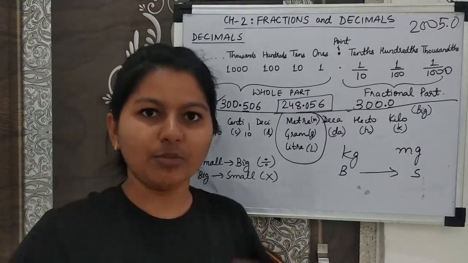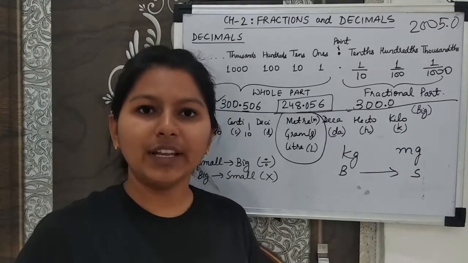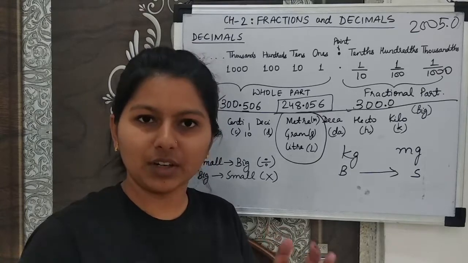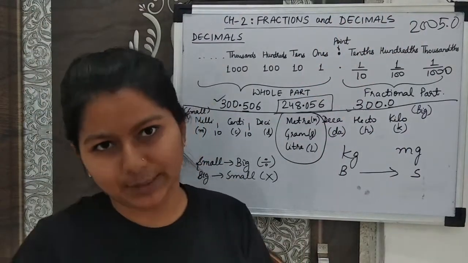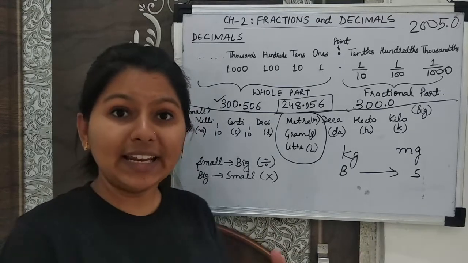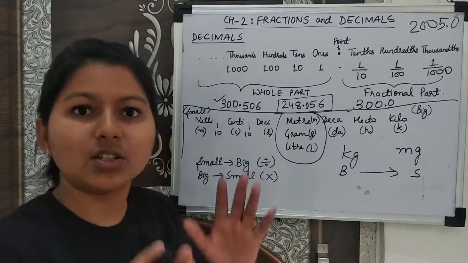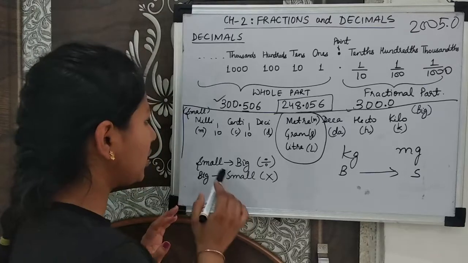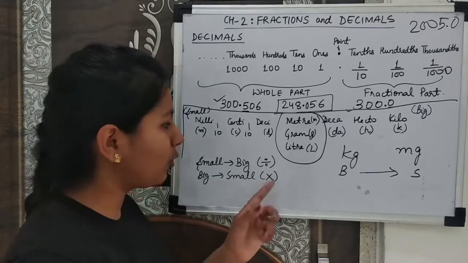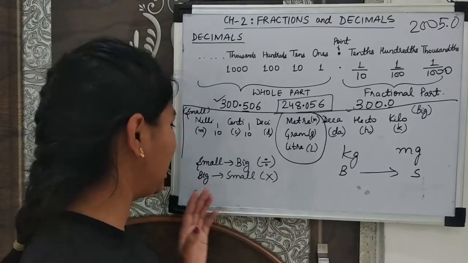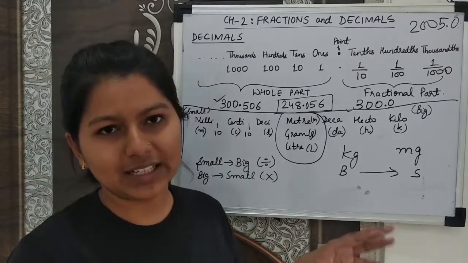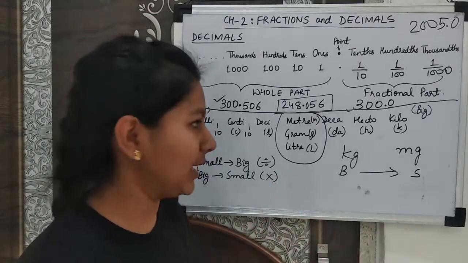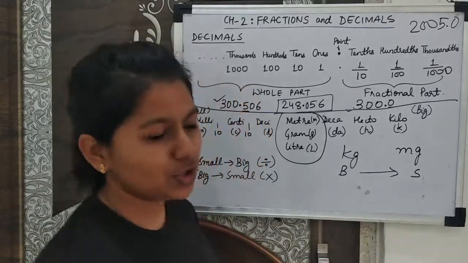Like in a normal situation, whenever we have to convert a small object into a big object, we multiply. But in the case of unit conversion, it's totally opposite. When I have to convert a small unit into a big unit, we are dividing. And whenever I have to convert a big unit into a small unit, in that case I am multiplying.